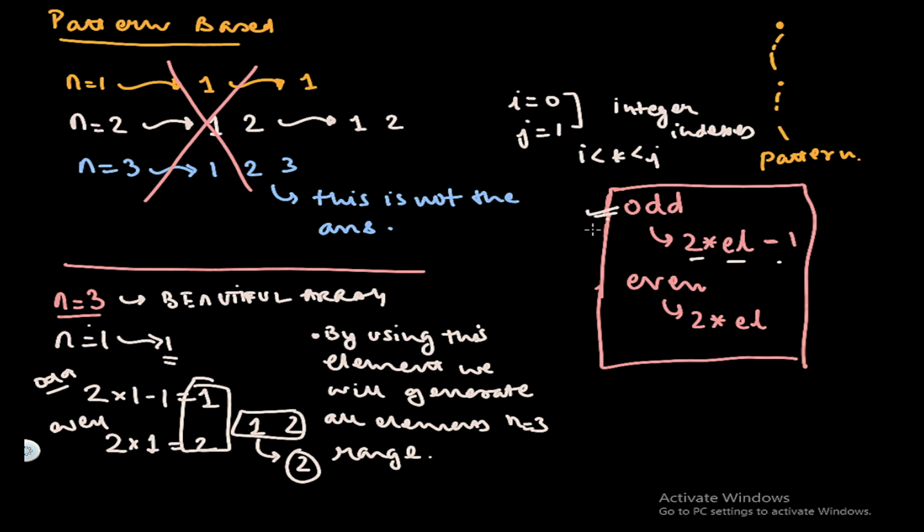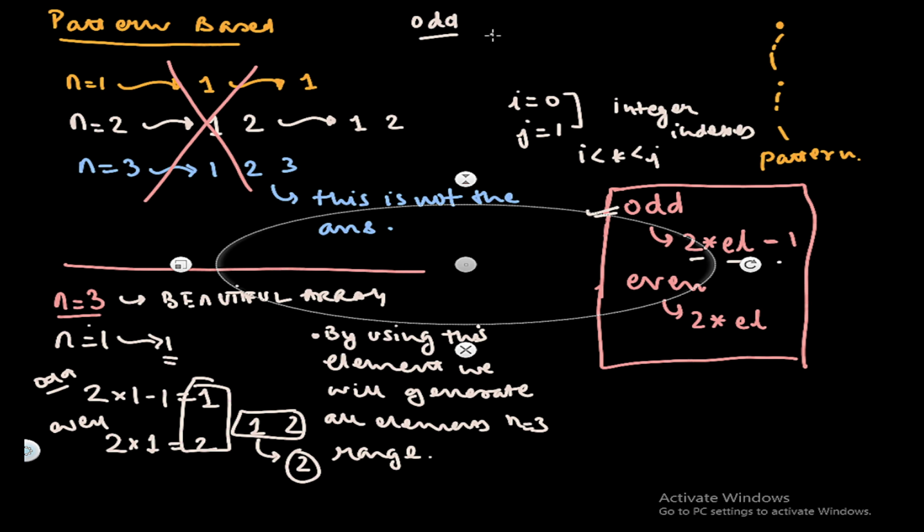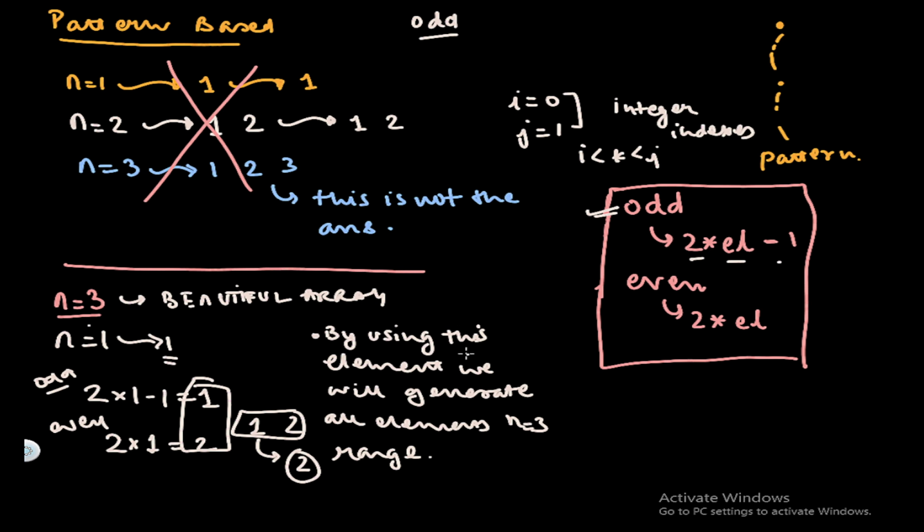Let's proceed again. Just wait a minute, let me correct it. For the previous array we had 1, 2. For odd, 2 times 1 minus 1 is 1, and for 2 we also have to check: 2 times 2 minus 1 is 4 minus 1, which is 3.